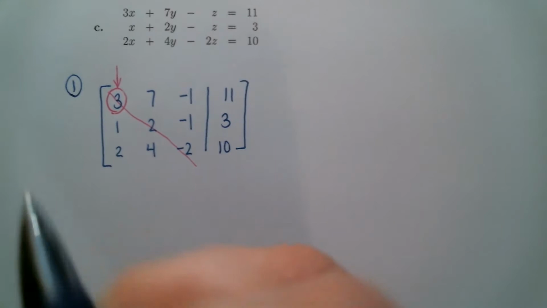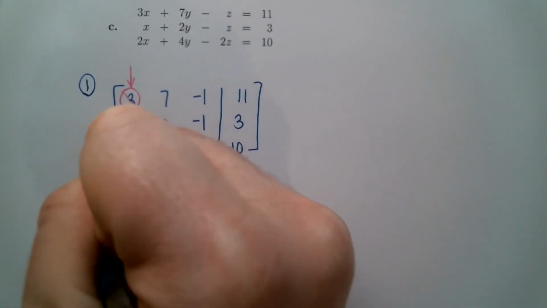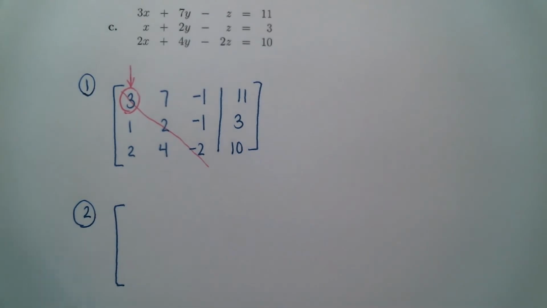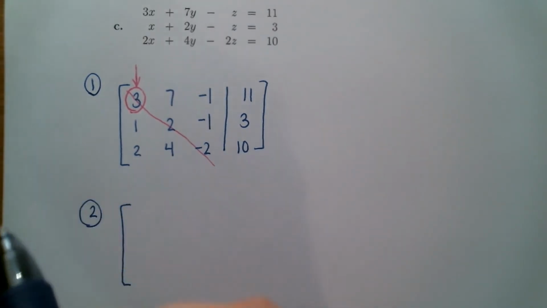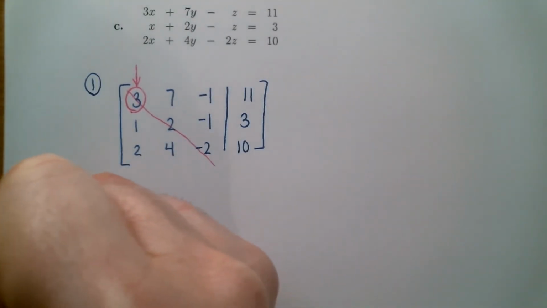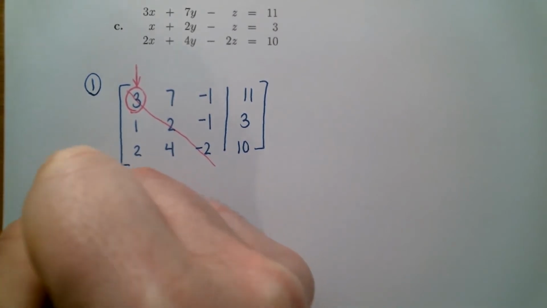So if you just switch rows 1 and 2, you will get a 1 in this position. Okay, so again, I'm going to go ahead and write down my second matrix. I want you to notate how you go from one matrix to the next. So let's write down our shorthand notation. To go from the first matrix to the second matrix, we're going to do row 1 and row 2 switched.